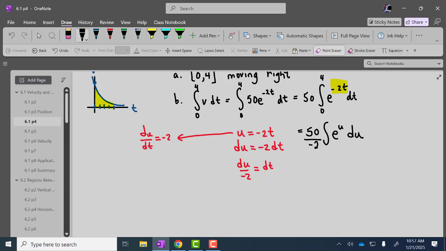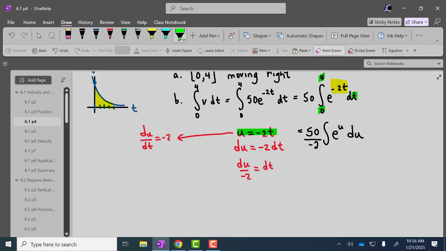Now the limits of integration. These limits of integration right here are t limits of integration. That says t goes from t equals 0 to t equals 4. So we change those. We come right here and say, that equation relates t and u. It tells us how to get to u from t.